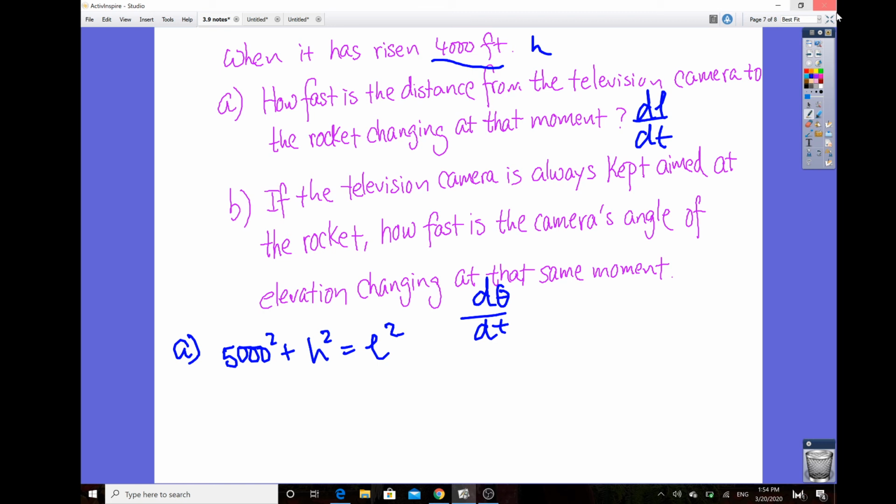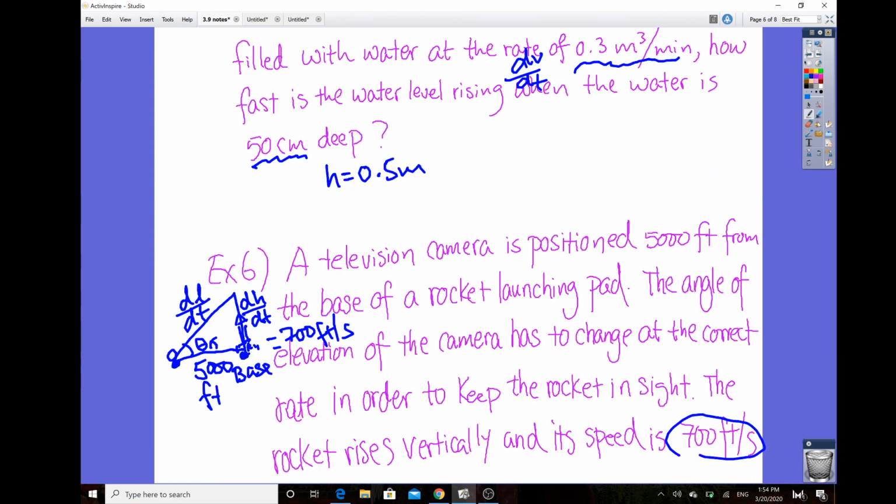L is the distance from the camera to the tip of the rocket ship. So here's the distance, L. We do know that dh over dt is 700 feet per second. This one is always constant.